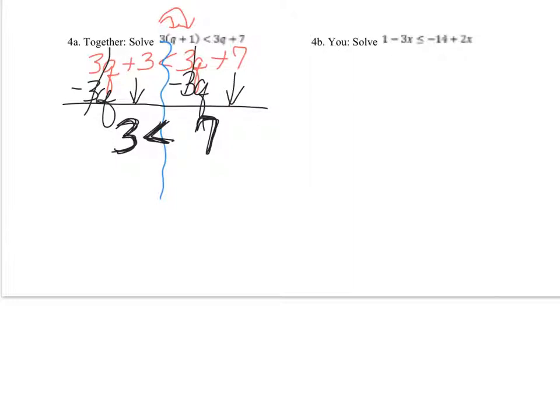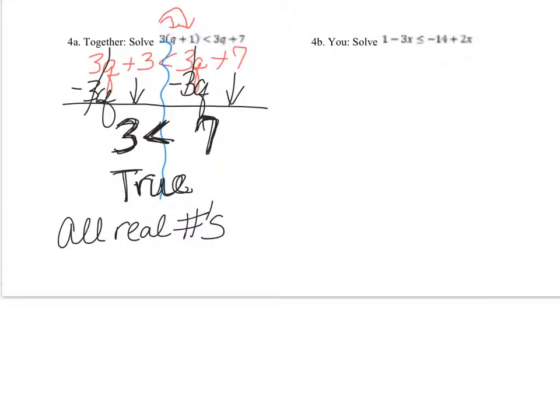You need to think about that. The answer is yes. This is a true statement. If your answer is a true statement when your variables cancel out, then your answer is all real numbers, or infinitely many solutions.